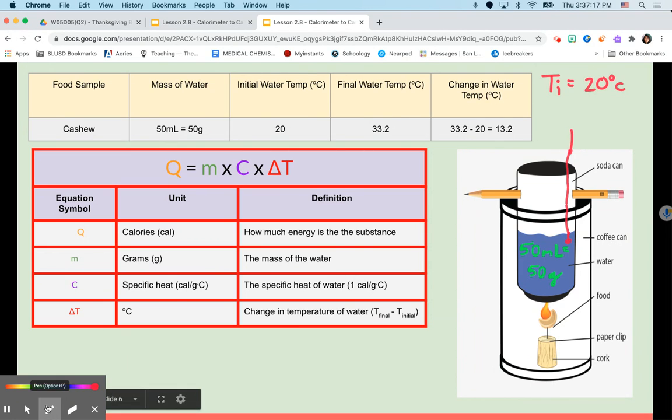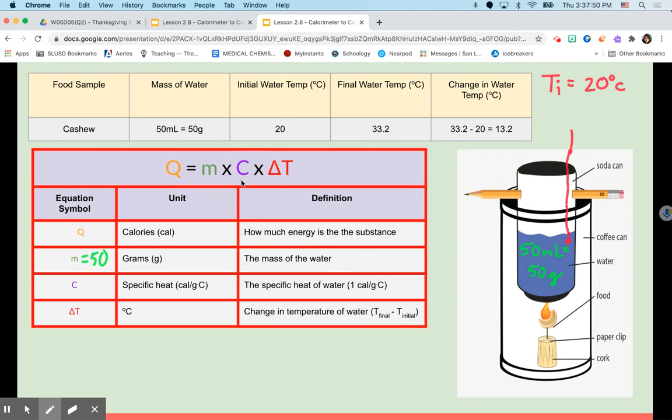So when I first start out in this lab, I need to figure out how much water I have to start with. So in this problem in particular, let's say we added 50 milliliters of water. Therefore, my M is going to be 50 grams. So M is 50, and later on I'm going to plug that into the equation. All right. So again, the grams is the amount of water that I'm using.